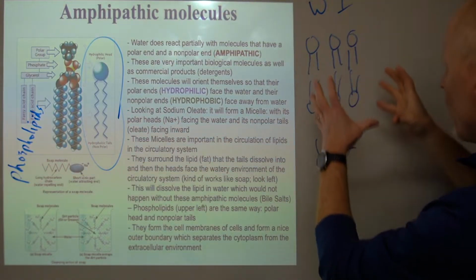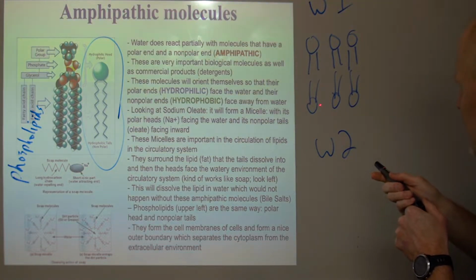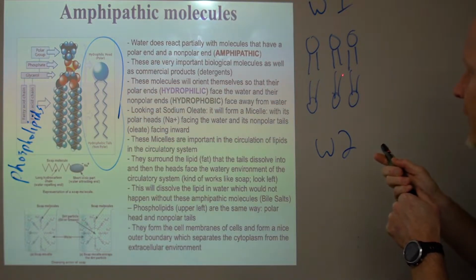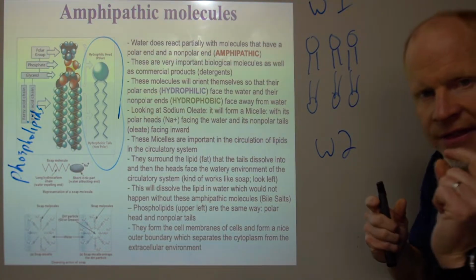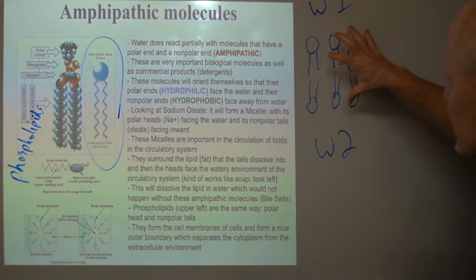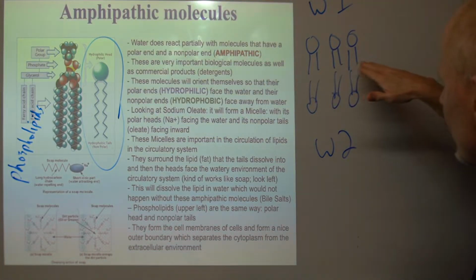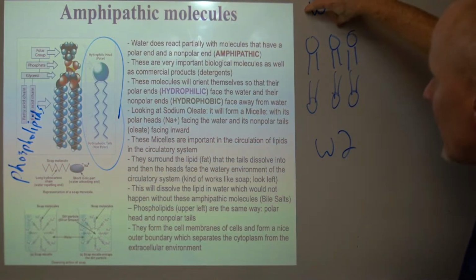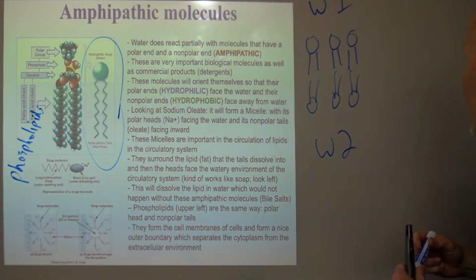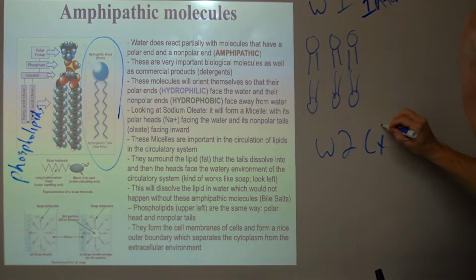And so they will form a bilayer with the hydrophilic heads sticking out and the hydrophobic tails dissolving into one another to form a very thin oil slick. This is the basis of a cell membrane. This hydrophobic oil slick in the middle will separate water compartment 1 from water compartment 2, or what we can call the interstitial fluid from the cytoplasm.